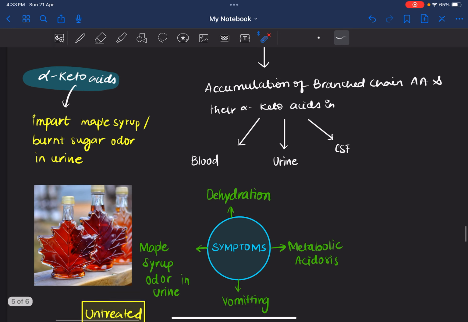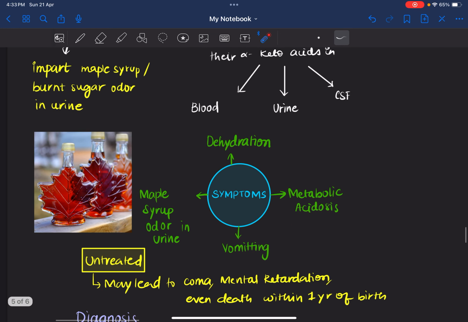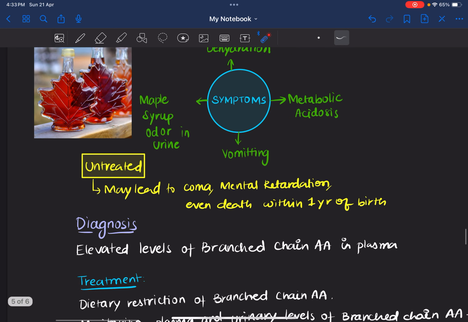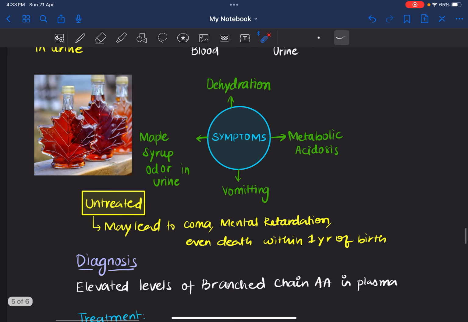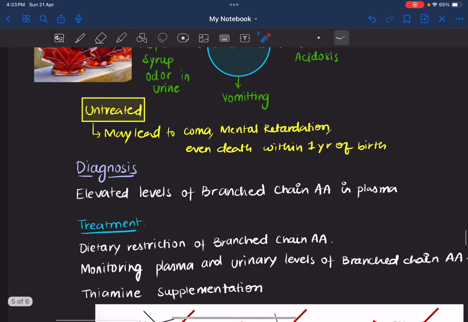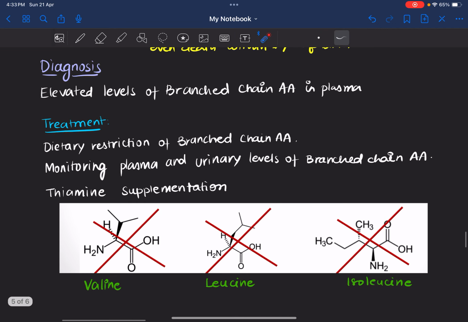Symptoms of this disorder include dehydration, vomiting, metabolic acidosis and maple syrup odor in the urine. And if this is left untreated, it may lead to coma, mental retardation and even death within a year of birth. Diagnosis involves elevated levels of branch chain amino acids in the plasma, and treatment is dietary restriction of these branch chain amino acids, that is valine, leucine and isoleucine.